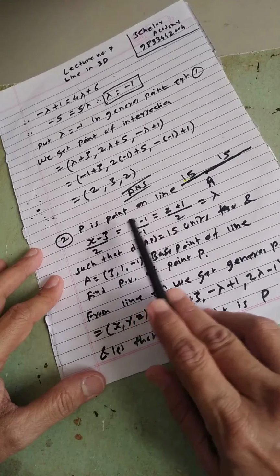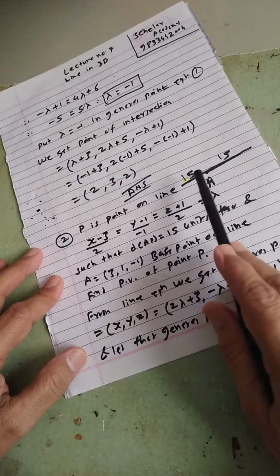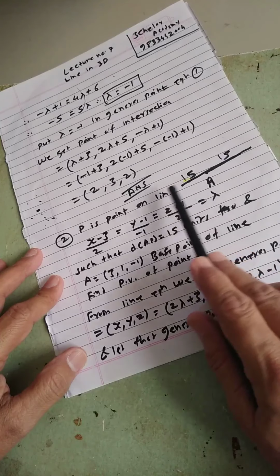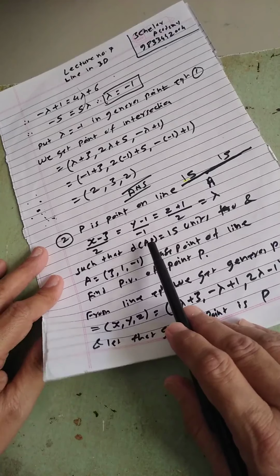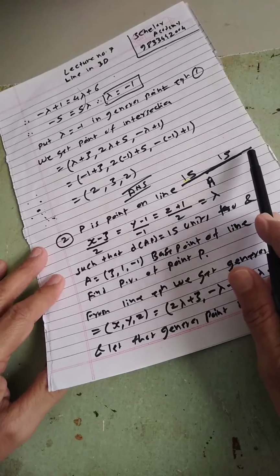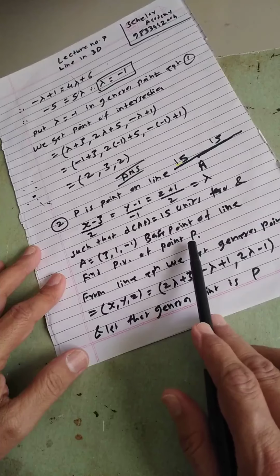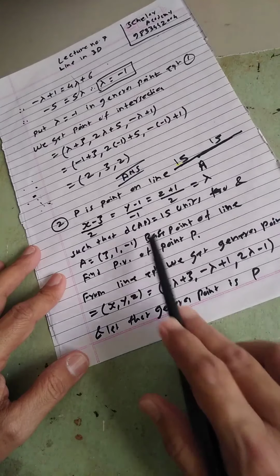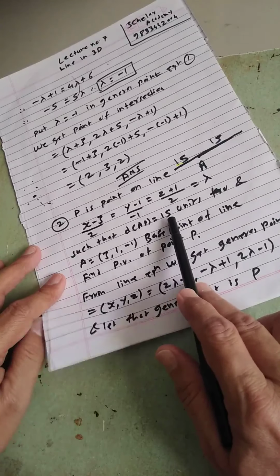That means (3, 1, minus 1) is a base point, point A. From that point A we have to find P, which is at distance 15. There will be 2 points: one on the left hand side of A, another on the right hand side of A. We have to find the position vector of that point P such that the length AP is equal to 15, which is given.